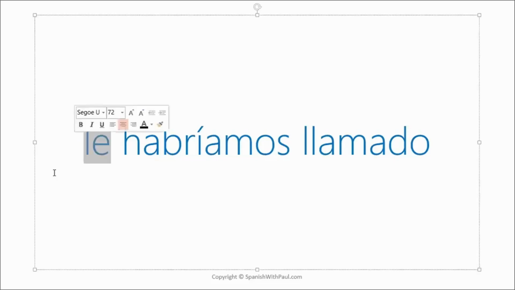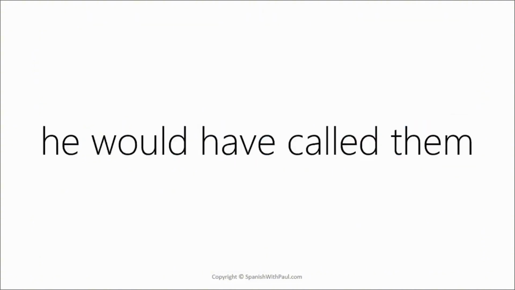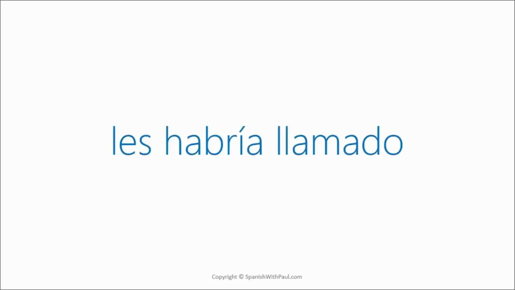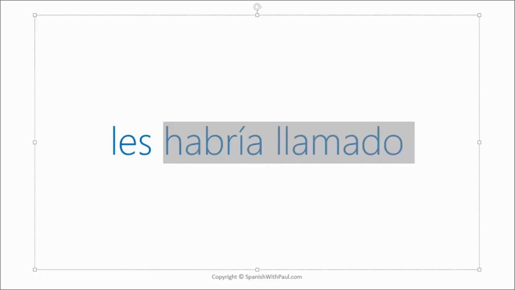So this is le meaning to her. We would have, habríamos, called, llamado. How would you say he would have called them? Les habría llamado. Now the les is standing for to them. To them, he would have, habría, called, llamado.